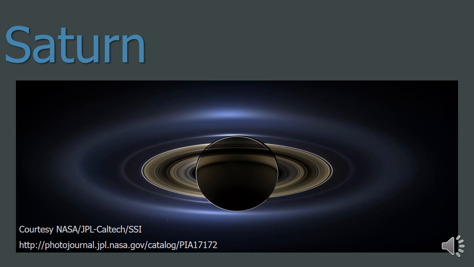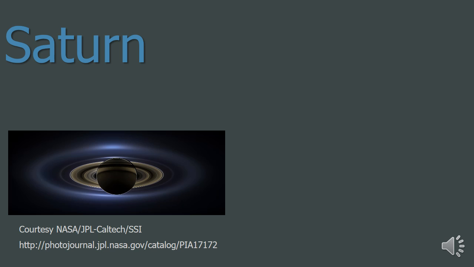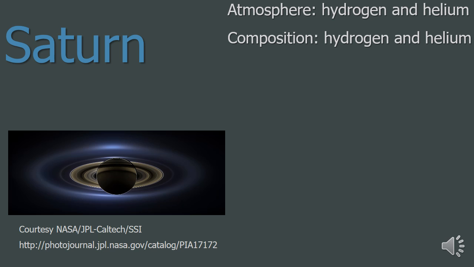Saturn is the second largest planet in the solar system, and it sits sixth from the Sun. Like Jupiter, Saturn's atmosphere and composition is mainly made up of hydrogen and helium. Saturn has a dense core of rock, ice, and water. This core is surrounded by liquid metallic hydrogen, and that in a layer of liquid hydrogen.